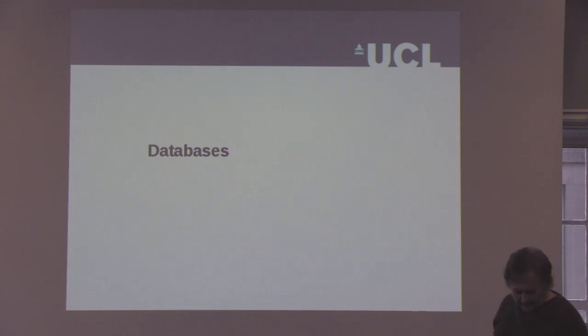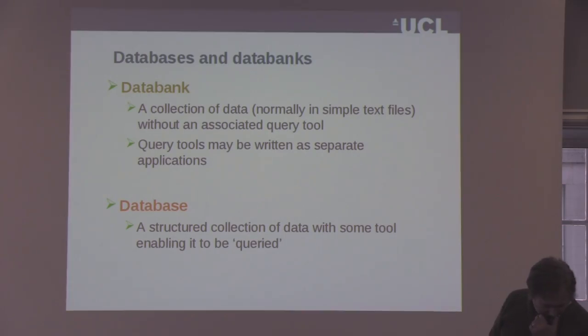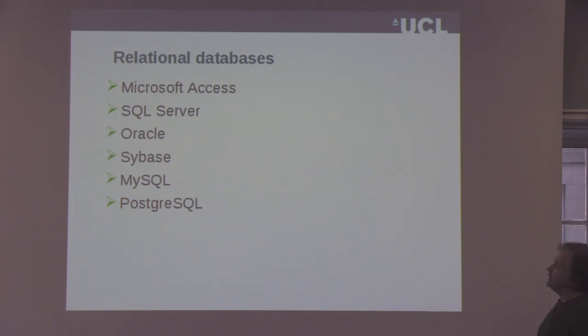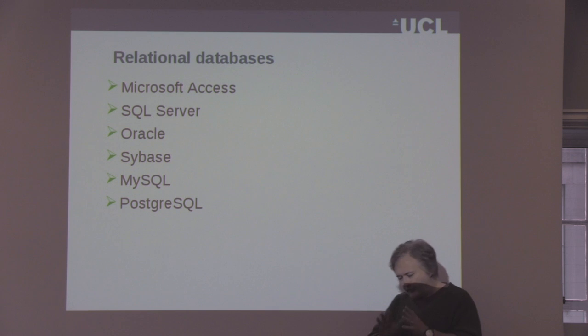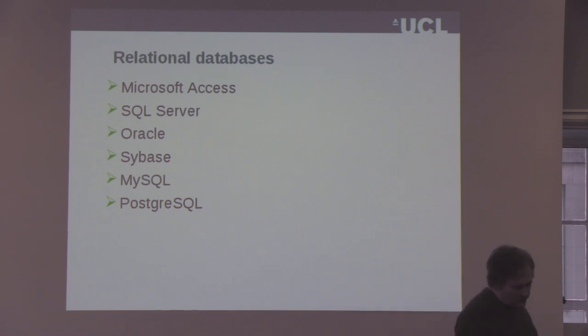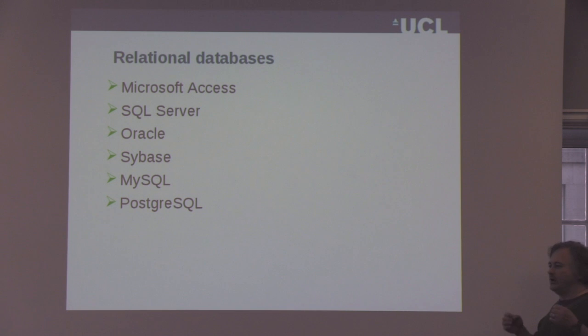Okay, so I said we'd come back to databases a little bit more. This is the distinction that I made in BIOC 2001 between a data bank and a database. Relational databases, as I mentioned, are the core way in which we store data in order to be able to search it and pull out information.